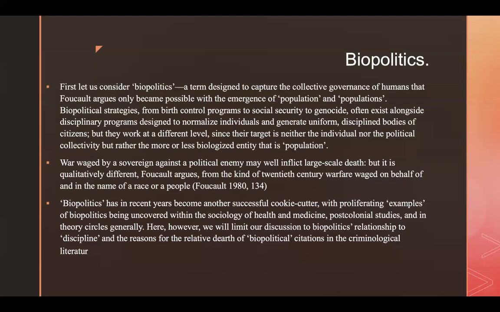So trying to control who has children and trying to control the health of the population, supporting the health and the future births of certain groups of people is often not a philosophy or set of ideas that corresponds with modern capitalism.